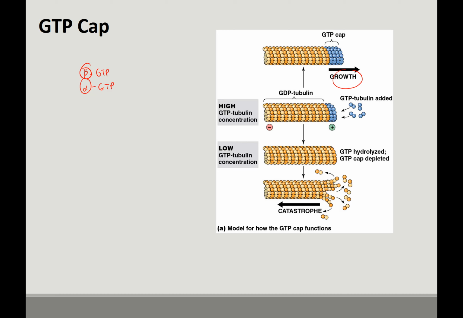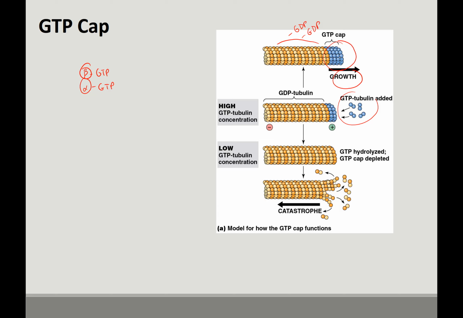But in the cell, in vivo, we have alpha beta GTP. And so as those dimers are being added, you get this nice cap and you grow. And then here where it's orange, what's really happening is all of these have GDP.